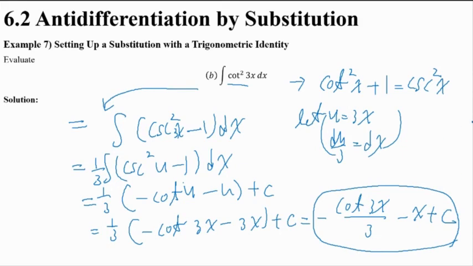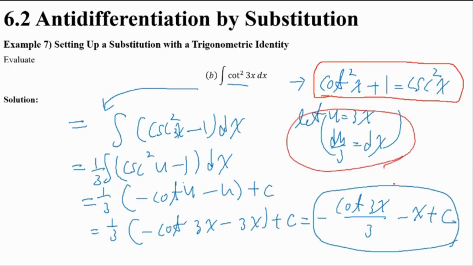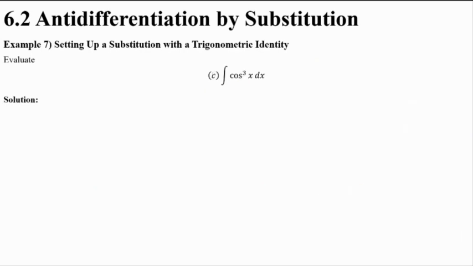In this case, let me change the color to red. In this case you should know the Pythagorean identity, and then the substitution and calculation. Not bad, right?